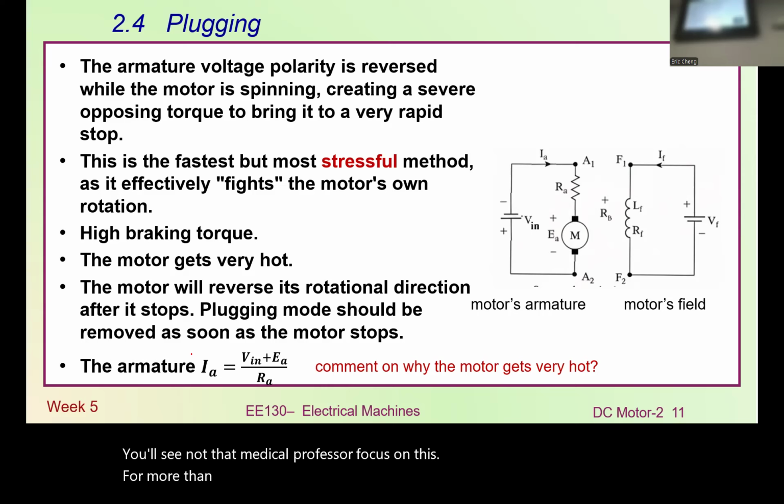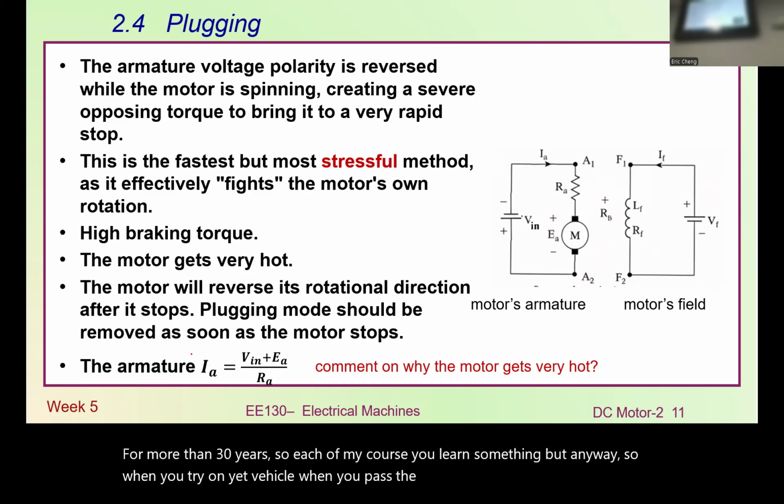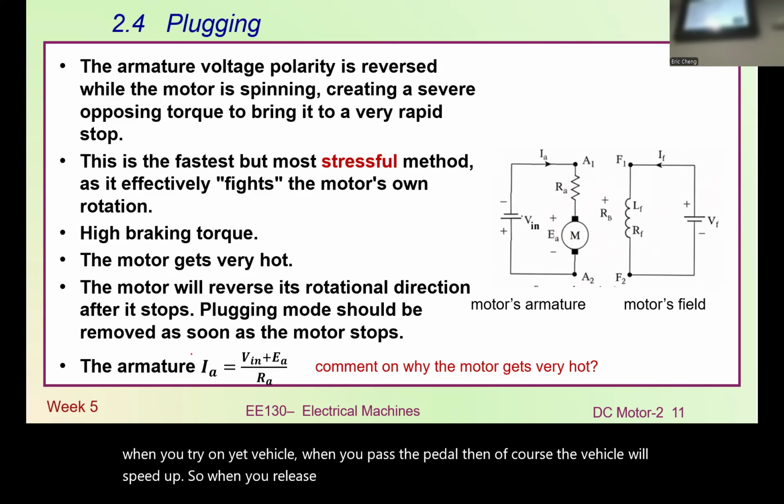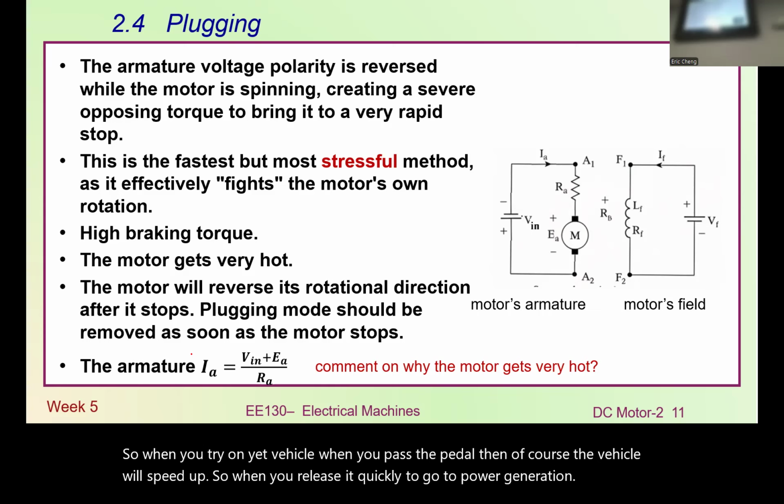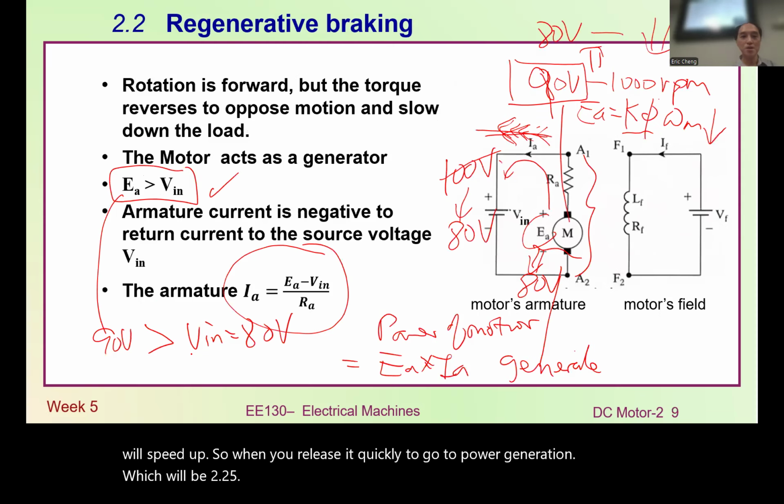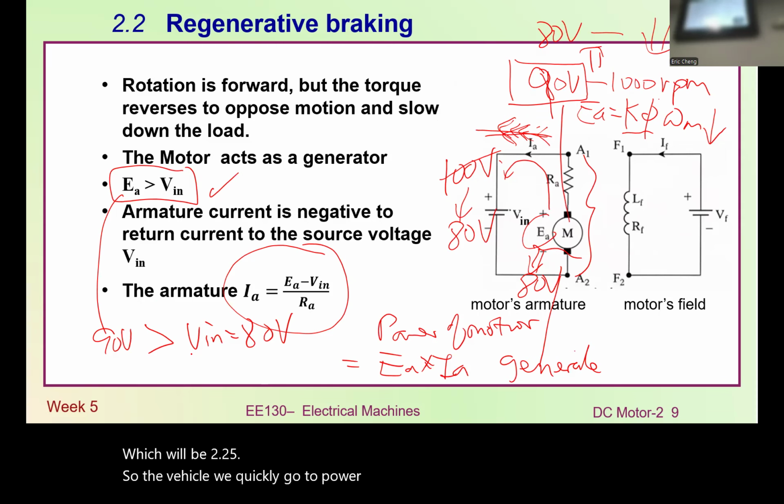But anyway, when you drive an electric vehicle and press the pedal, of course the vehicle will speed up. When you release it, the vehicle will quickly go to power generation. When you release the pedal, the system takes input from the motor drive circuit, and that brakes the vehicle.